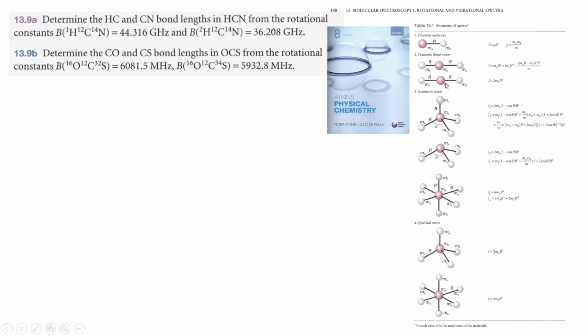There you see your moment of inertia is 2 m_A r square, where m_A is not the reduced mass, it is the mass of your oxygen.